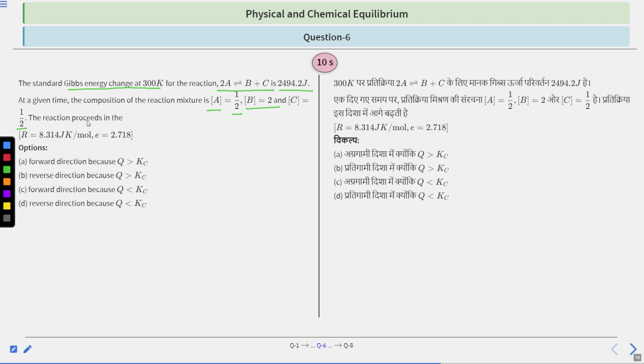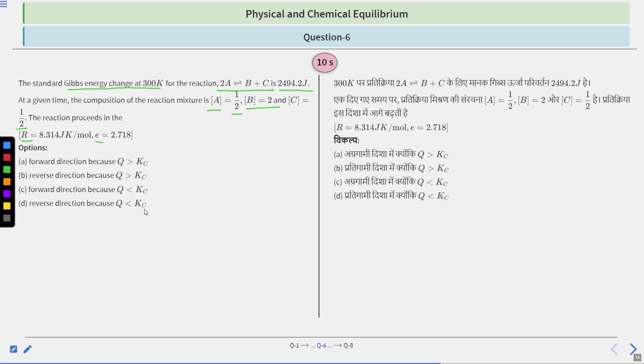The reaction proceeds in the, we have to select the correct one from these options. So the R value is given. The options are: forward direction because Q is greater than Kc, reverse direction because Q is greater than Kc, forward direction because Q is less than Kc, or reverse direction because Q is less than Kc.